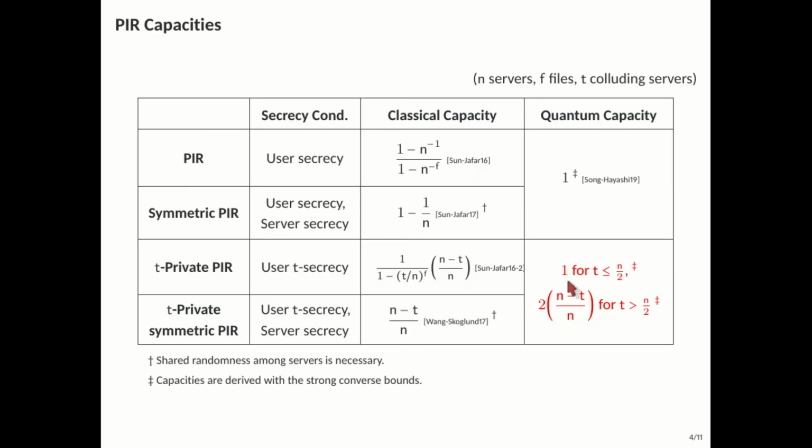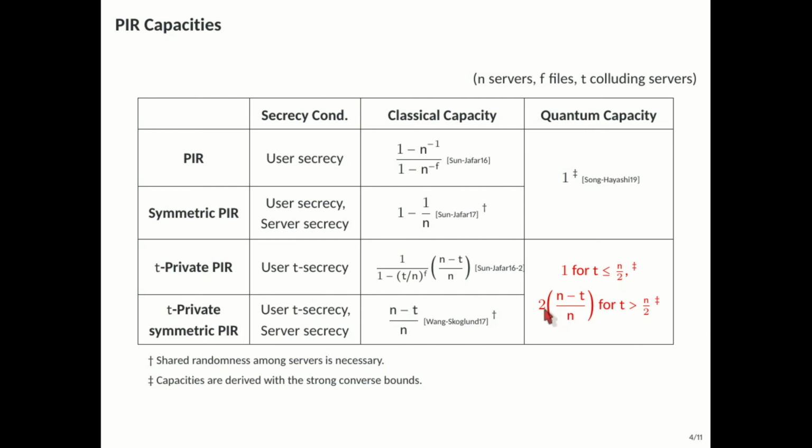This slide compares the classical and quantum PIR capacities. Here, symmetric means that we also consider the server secrecy. Our result is this red one, and it is the T-private QPIR capacity and T-private symmetric QPIR capacity.